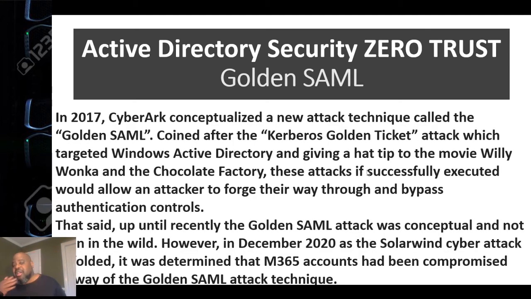So we're going to look back a little bit at the SolarWinds attack. In 2017, CyberArk found something called the Golden SAML attack. It was coined because of the Kerberos Golden Ticket attack, which targets Active Directory, giving it tips from Willy Wonka and the Chocolate Factory. They said that attack could never happen because you couldn't get on-prem to actually steal the Kerberos golden ticket.